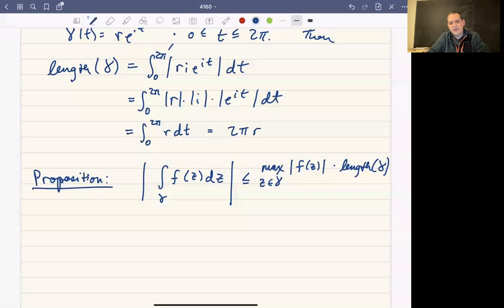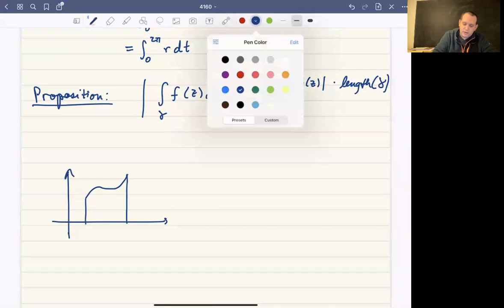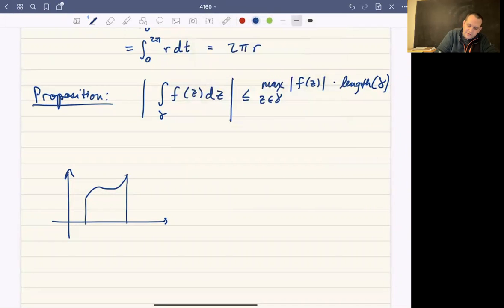This is kind of like in Calc 1 when you integrate. So instead of thinking about this as the triangle inequality, which it still is in a certain sense, maybe a better analog is to think about when you have a function, the integral under this function is going to be less than or equal to the largest value of the function times the width, the length of that interval, right?